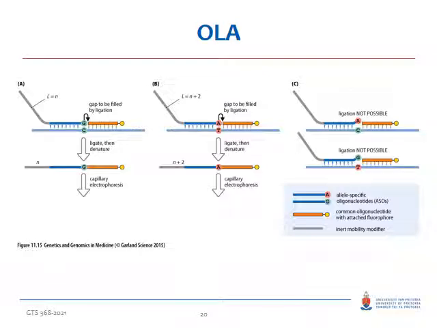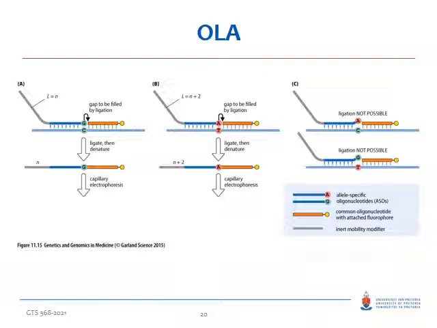In the case of oligonucleotide ligation assays, the method is based on the binding of allele-specific oligonucleotides, where the specificity depends on correct base pairing at the terminal nucleotide at the 3' end.